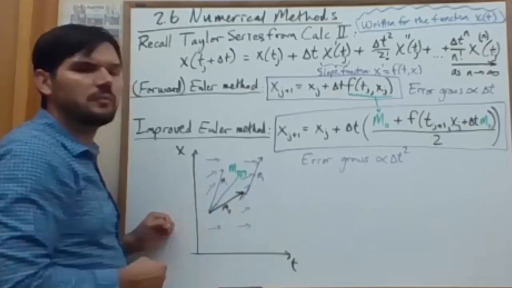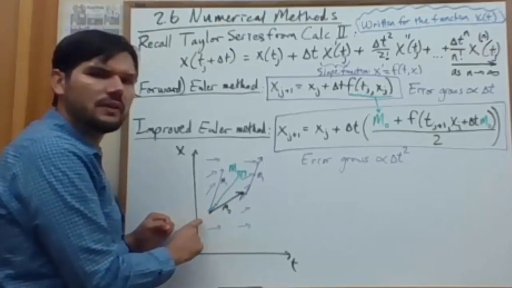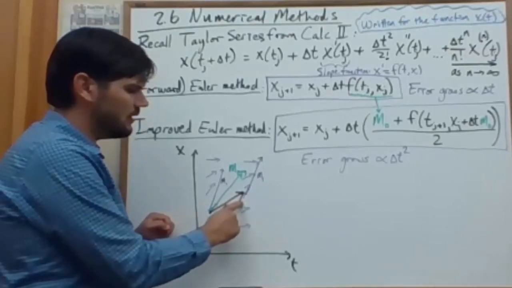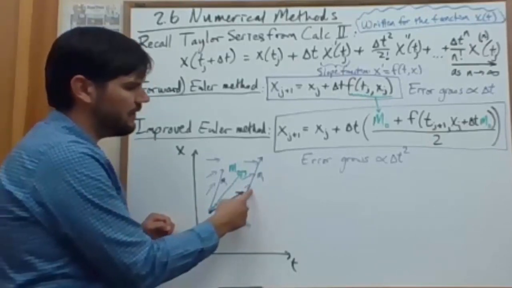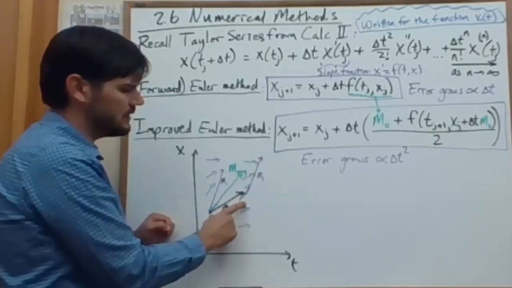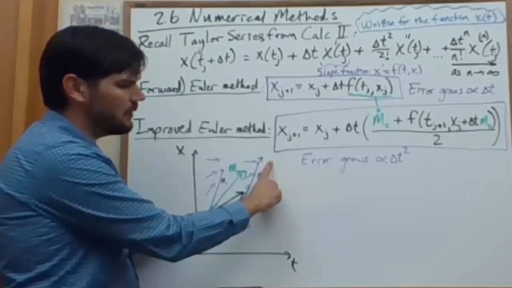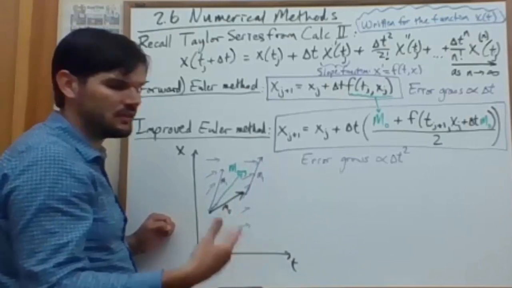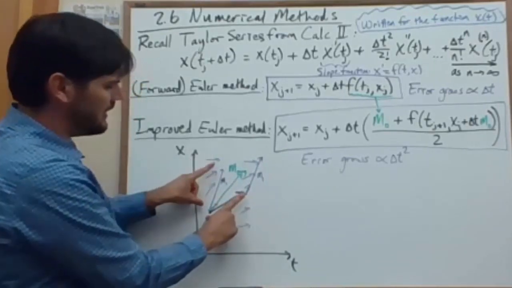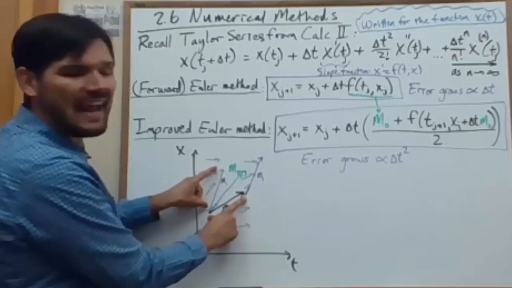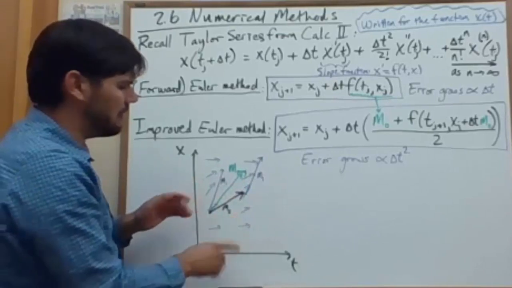Now, for the improvement, instead of just following the original slope, we use the original slope, and then we also compare it to what we think the final slope is. So we think of this as m sub 0, the initial slope. M sub 1 would be what the slope field, the direction field, tells us at that approximate value. And then we take those two slopes and average them. We assume there's some balance between them.